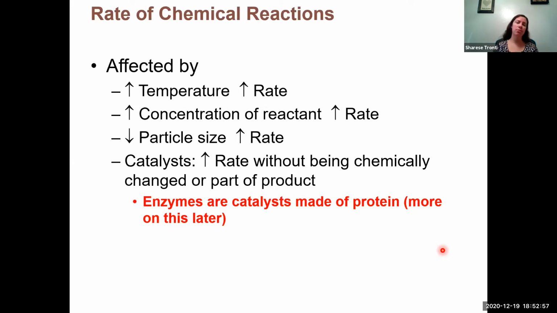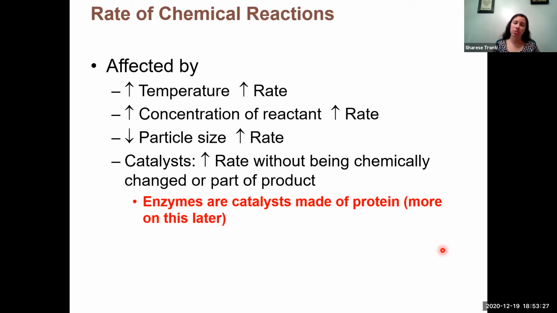So an increase in temperature is going to increase rate. That's because when we increase temperature, molecules move faster. If they're moving faster and spinning around more, they're more likely to bump into each other and cause a chemical reaction to occur. Also, an increase in concentration of the reactant is going to increase the rate. That makes sense. If we have more reactants, then they're more likely to run into each other and cause a chemical reaction to occur.